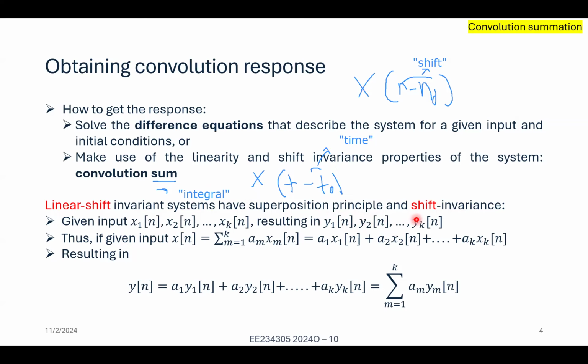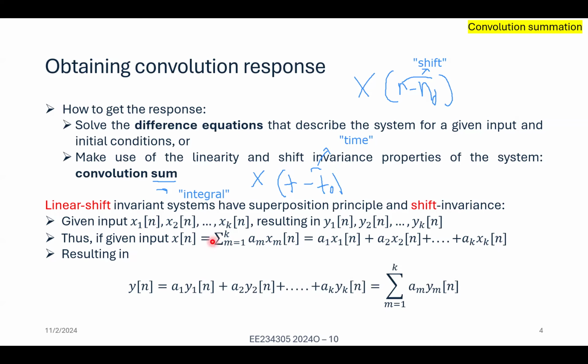Thus, if we have the input x[n], which is the summation of am times xm[n], with m from 1 to k, which means a1 x1, a2 x2, and so on until ak xk at the nth time, then we can represent this as a linear combination, which results in y[n], which is a1 y1 plus a2 y2 and so on. y[n] here is the summation of am ym[n].